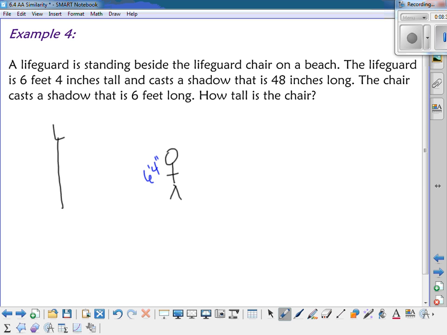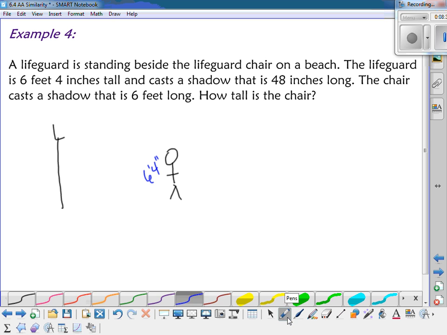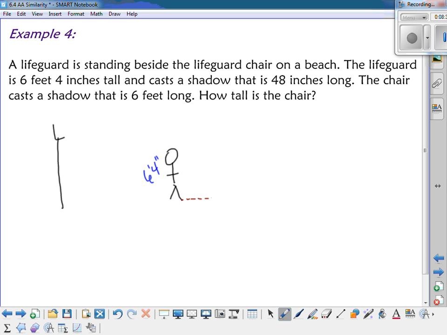And he's casting a shadow that is 48 inches long. And the chair is casting a shadow that is 6 feet long. How tall is the chair?